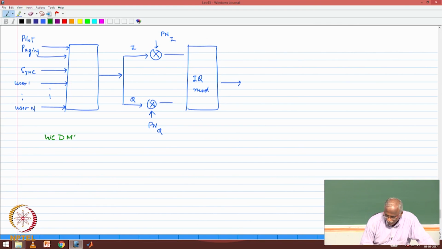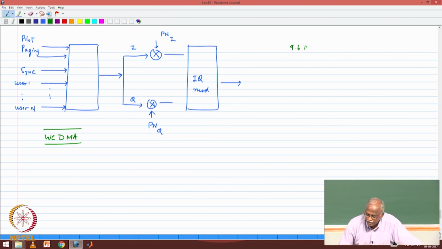Now I told you CDMA 2000 and wideband CDMA are competitors. So what was the basic difference between the two? In CDMA 2000, the data rate that you could support was 9.6 kilobits per second. If you wanted to transmit more data rate, what are the options available to you? You would have to take more codes.